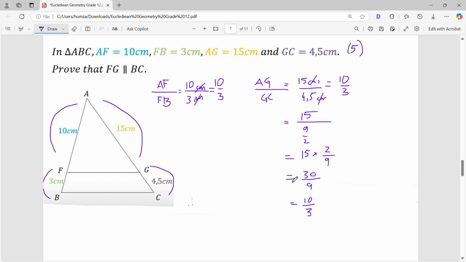Okay, therefore we can say, because the left hand side and right hand side ratios are equal, that AF over FB ratio is equal to the ratio AG over GC, and therefore we can say that FG is parallel to BC.